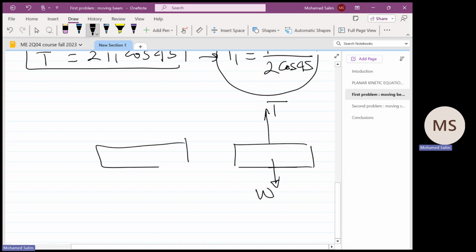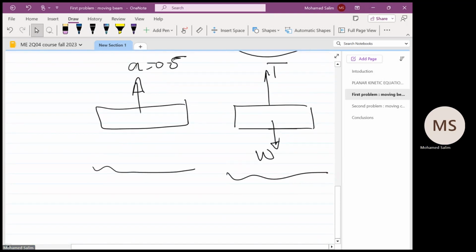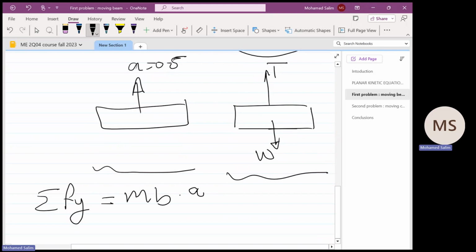And the beam is moving up with acceleration 0.5. So here is the free body diagram of the total beam, and here is the kinetic diagram of the beam. According to Newton, summation of force in y direction is equal to what? M beam, the total mass of the beam, times what? A. Good. A, how much A?